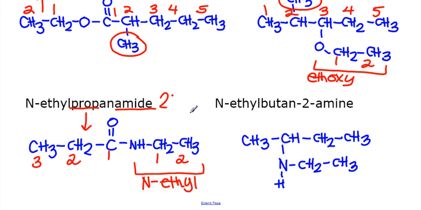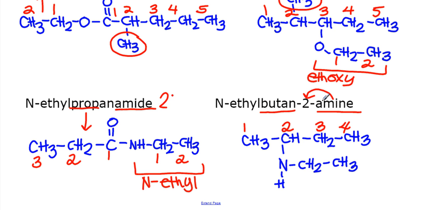Last one, N-ethylbutan-2-amine. I see amine, so I know amine or nitrogen's in there. I start with my longest chain, 4 carbons. 1, 2, 3, 4. I've got an ethyl attached to the nitrogen, but I need to know where's my nitrogen attached.